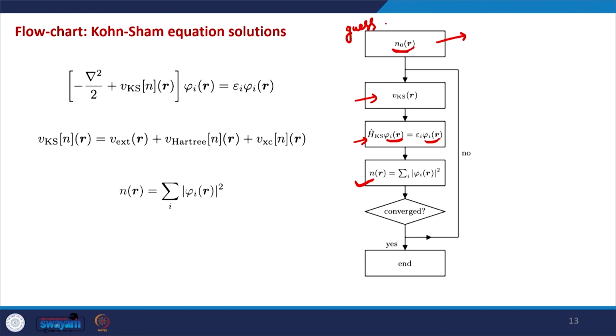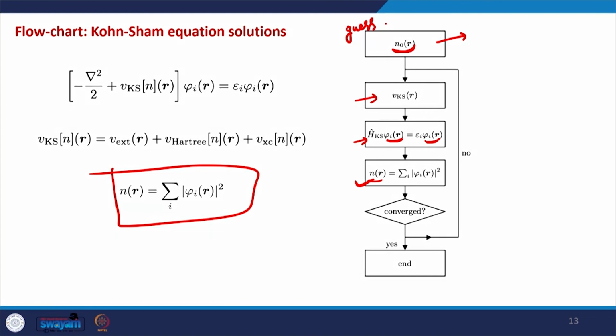We compare n naught r with n(r), and if both of them converge then we calculate the final density from this equation. This is the final density, the converged value, and from there we can calculate the ground state energy as well according to the second HK theorem.